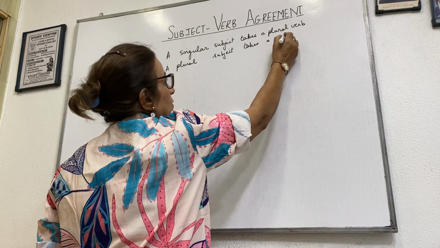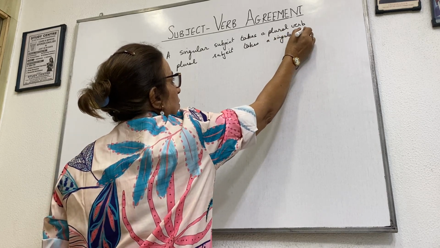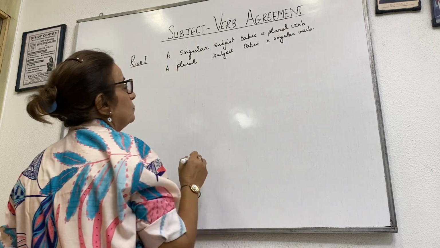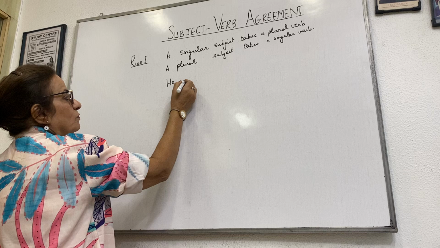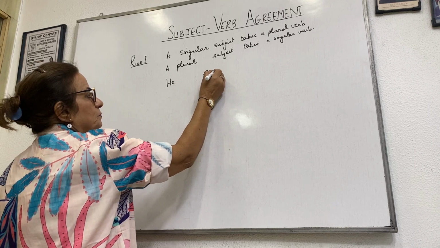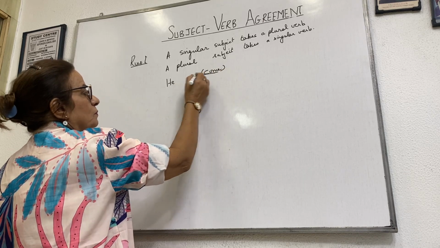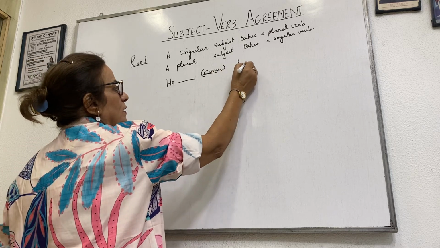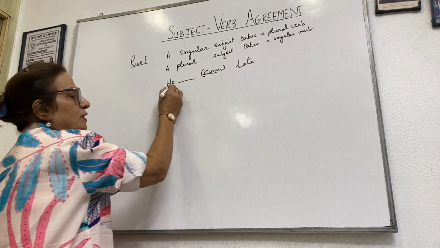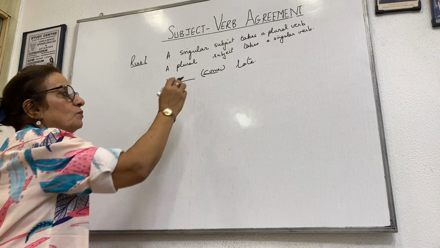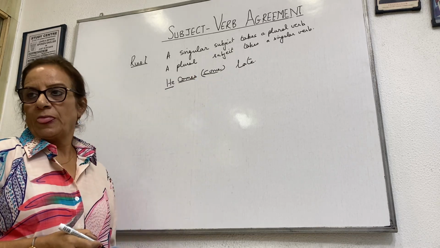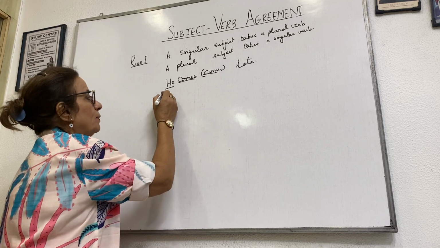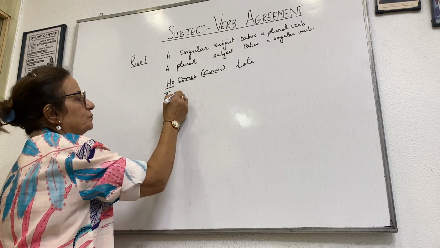For example, he, now the verb is come. So, he comes late. Now he is singular, subject is singular, so the verb will be plural. Now take a plural subject, they.